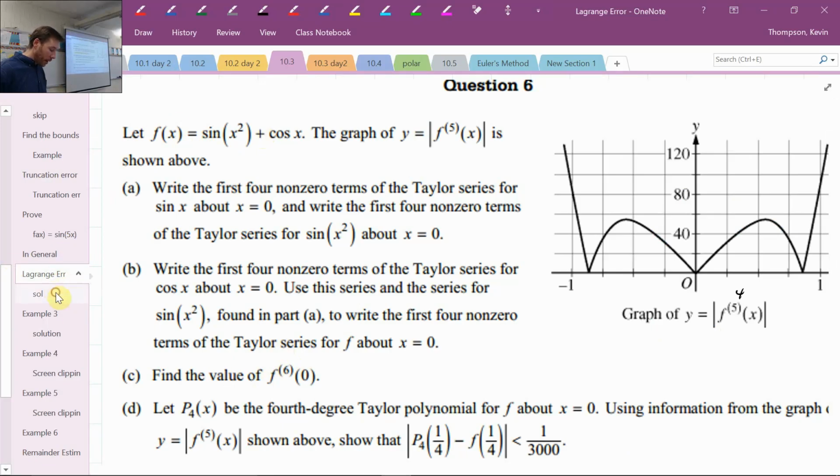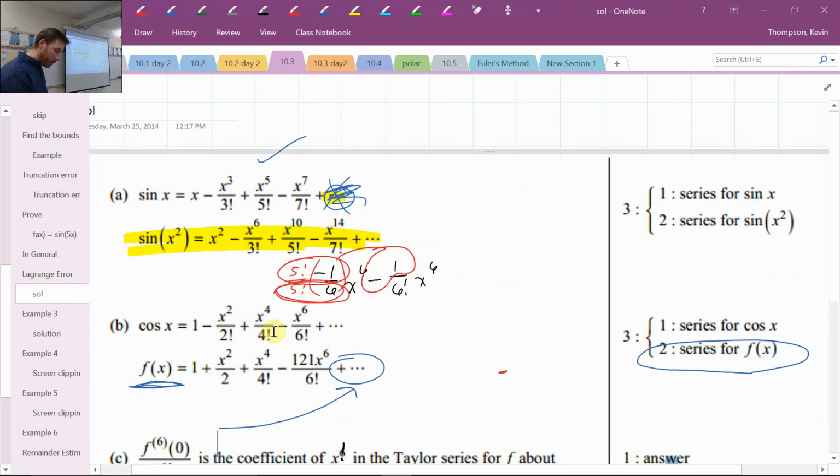And if you're looking at what you just wrote down, we should be looking at this somehow. You okay with that? So tell your neighbor what the sixth derivative evaluated at 0 is. Talk. What is it?